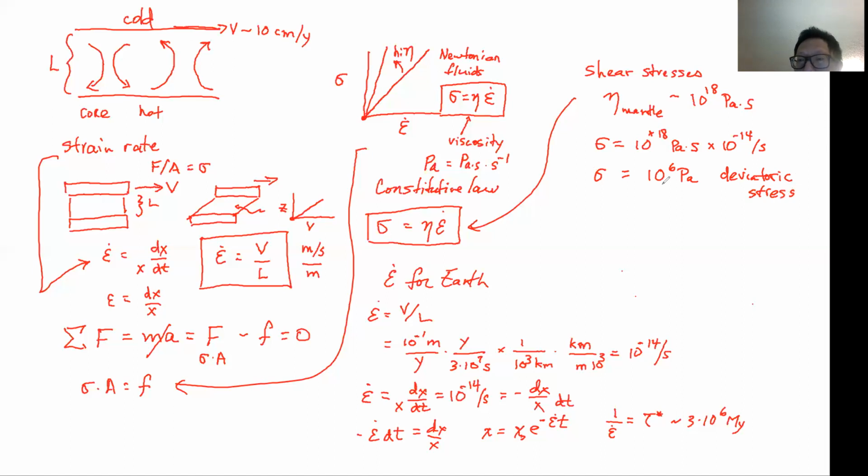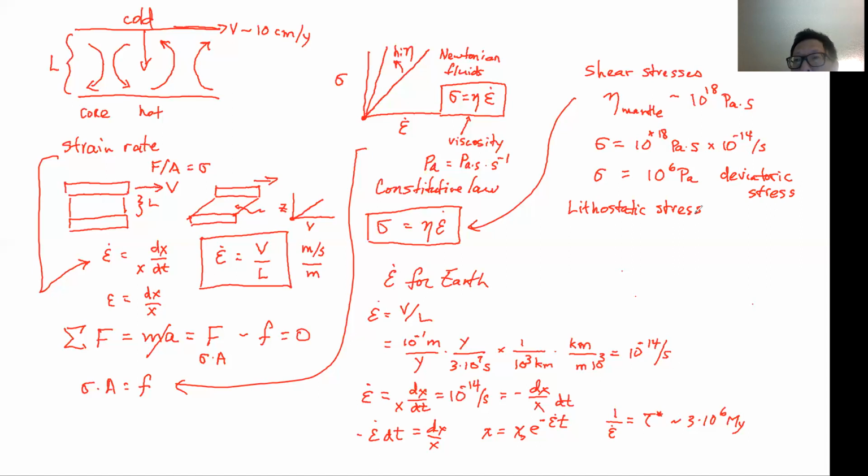Because what I want to do is place this 10 to the 6 pascals into context. So if you go down into the mantle, there's another quantity we can talk about, which is called lithostatic stress. This would be analogous to hydrostatic stress. If you were at the bottom of a swimming pool, that would be the pressure you feel on your ears.